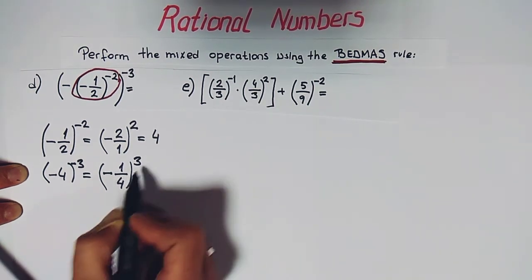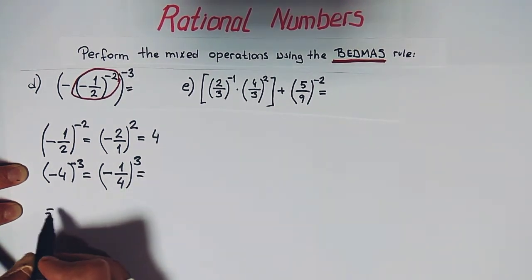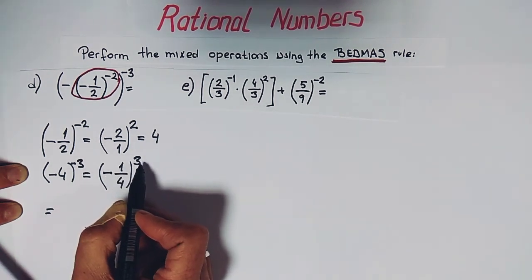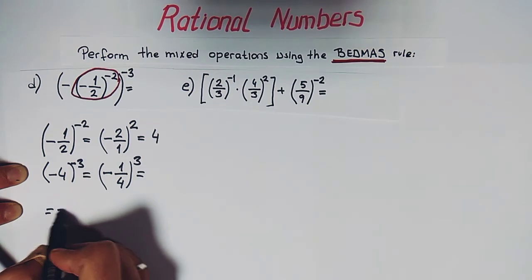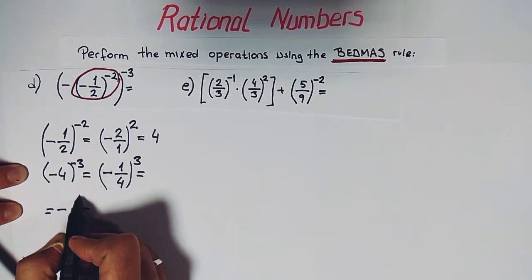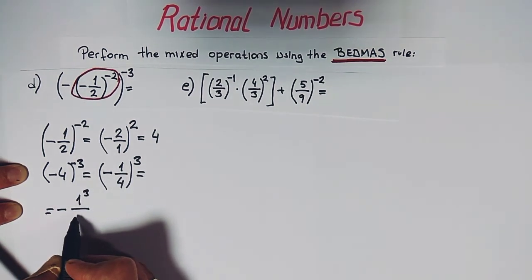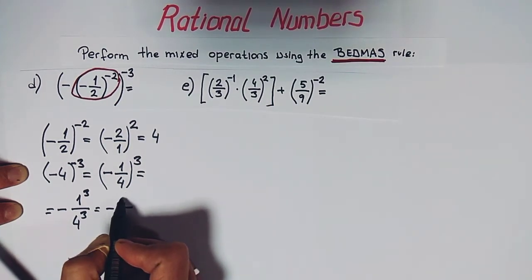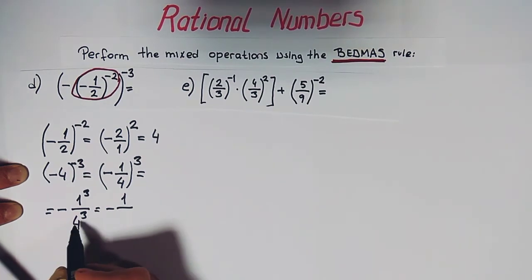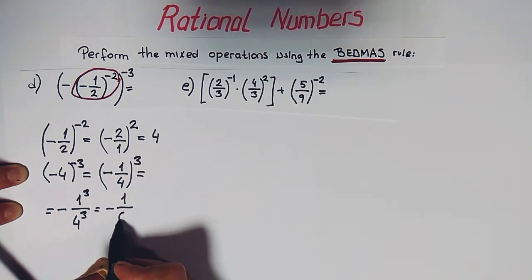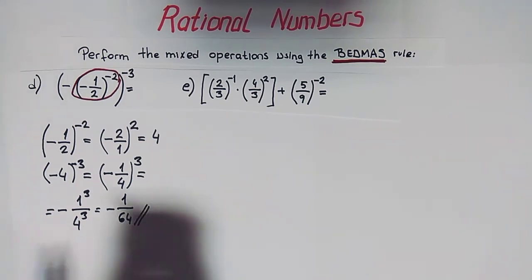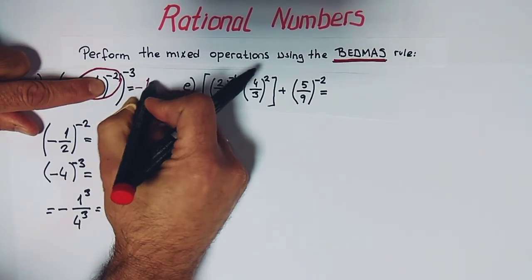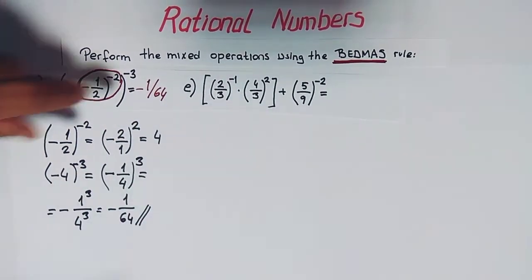Okay, it's equal to negative cube. So negative times negative times negative. The result will be negative. And we have cube of 1 and cube of 4. I have negative 1 over 4 times 4 times 4, which is 64. This is the final answer. I have negative 1 over 64.